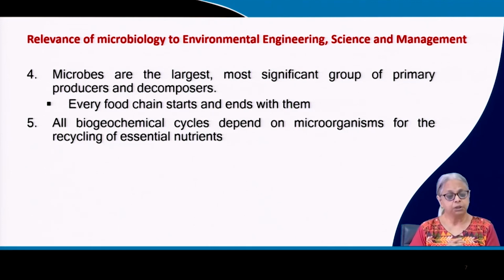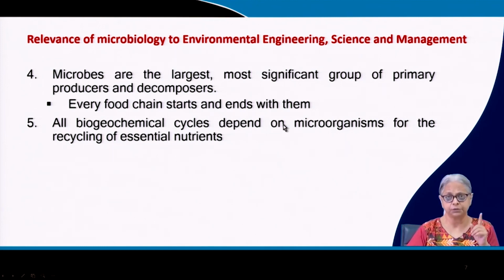Let's come to another one, and those of you who know a little bit of ecology, you must be knowing about the food chain. We know that amongst the primary producers, we have the plants, but there is also another huge group of microorganisms, and that is the algae. These algal cells have been one of the largest and most significant groups of primary producers. And then we have bacteria, fungi, and so many other microorganisms that are decomposers.